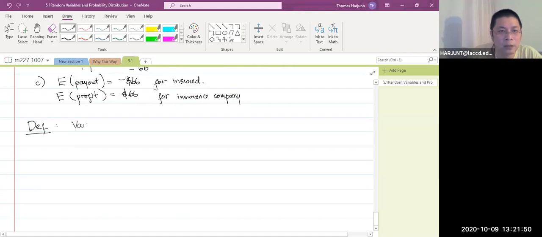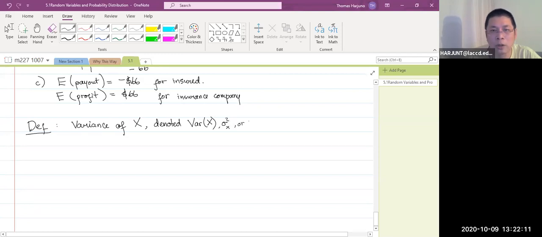The variance of a random variable, denoted var parentheses X, or sigma squared subscript X, or if the context is clear, sigma squared only, is given by the formula: the sum of x squared p minus the square of the sum of xp.